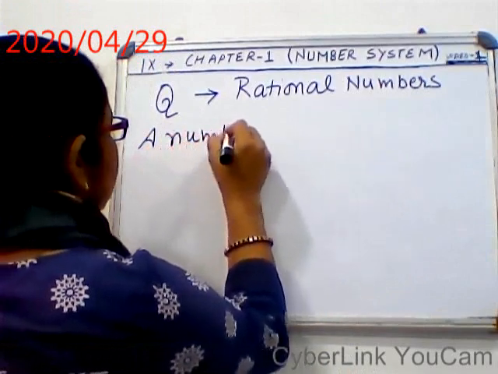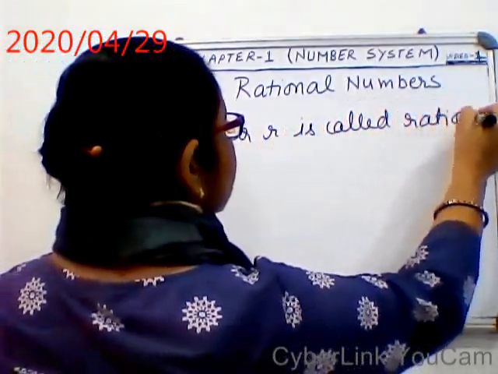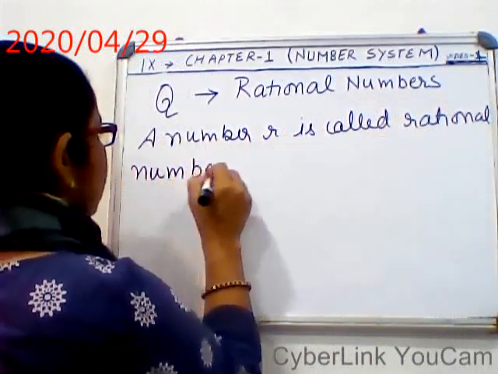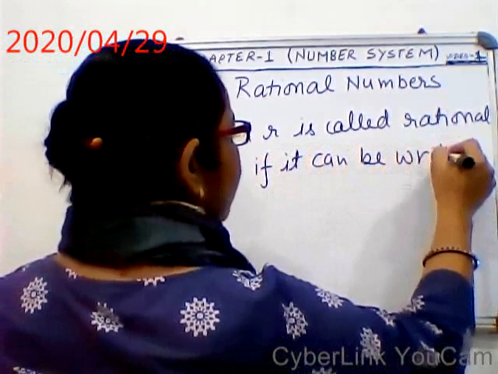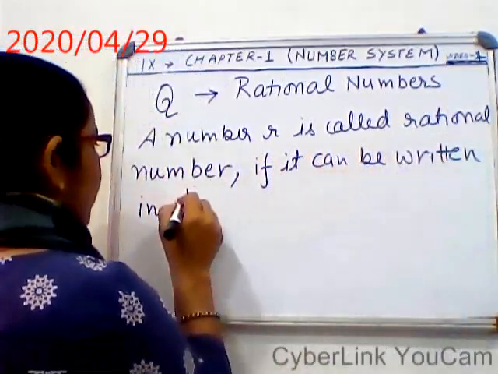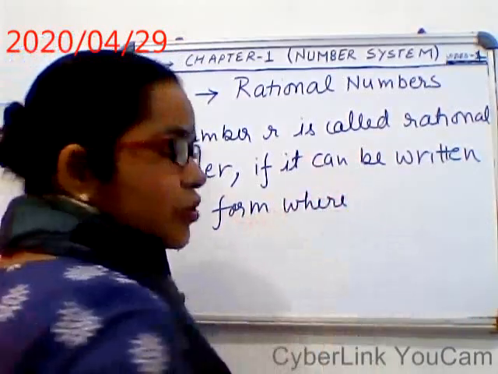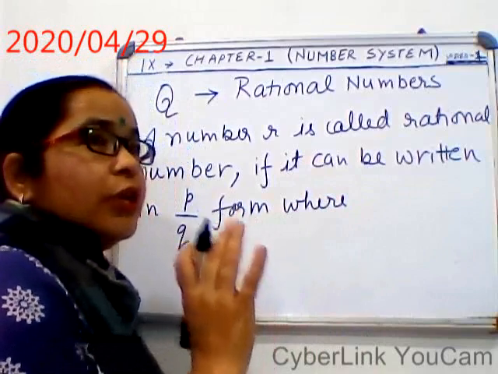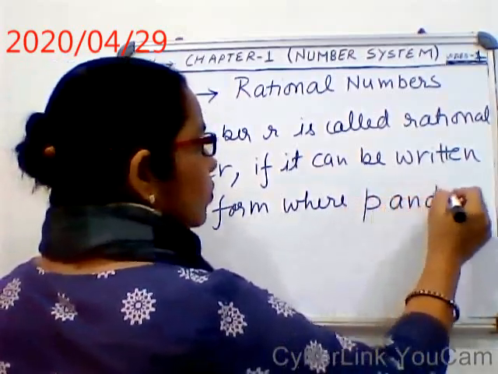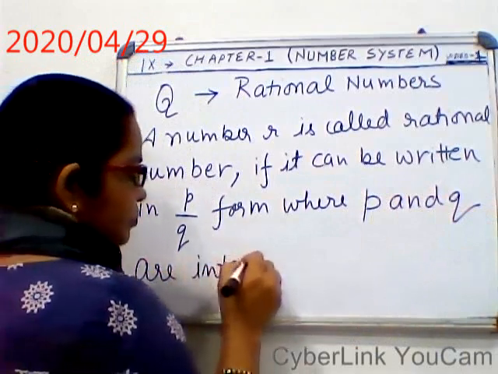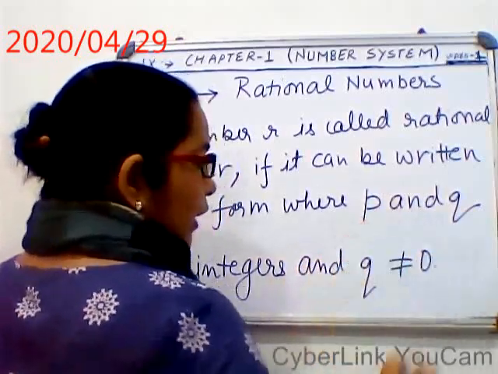Here there are specific conditions that P and Q, the numerator and denominator, have to follow: P and Q are integers, and one more condition on Q, that it is not equal to 0, and this I have already explained.